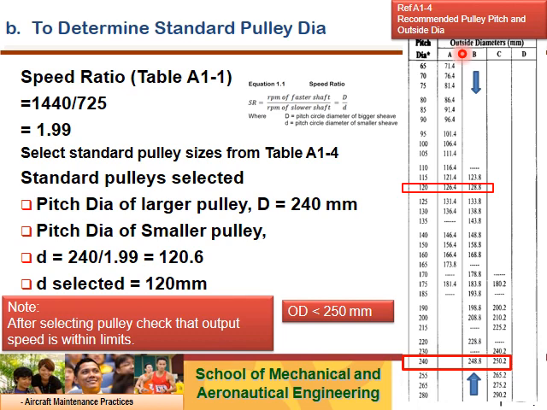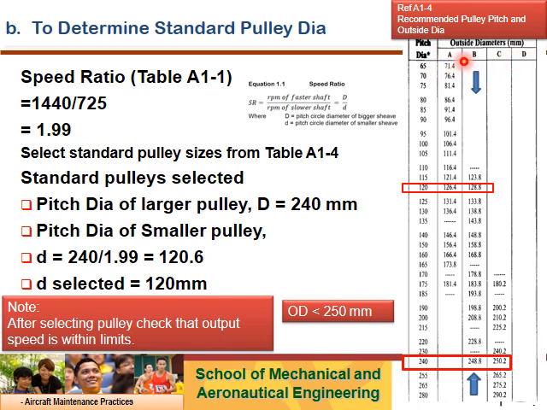On the right is another type of chart; we will ignore it first. In this chart there is a pitch diameter column, and there is outside diameter, which is further subdivided by A, B, C, D alphabet.